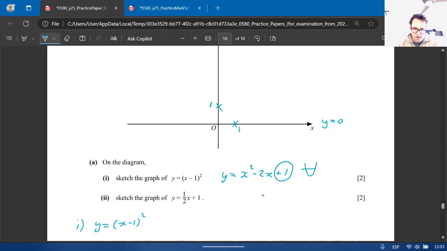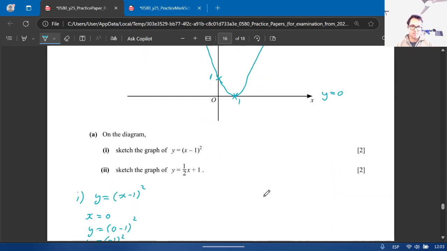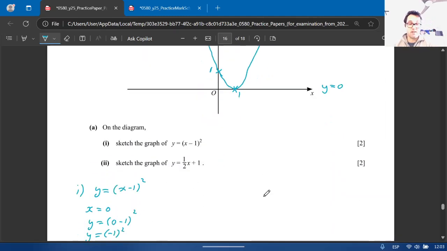Now, a parabola often crosses the x-axis at 2 points, unless it doesn't cross it at all, or it only touches it. So that's what's going to have to happen here. It's going to be a graph that comes and then touches and then goes up. But it has to be a parabola because it's quadratic. There's a square in it. Okay.